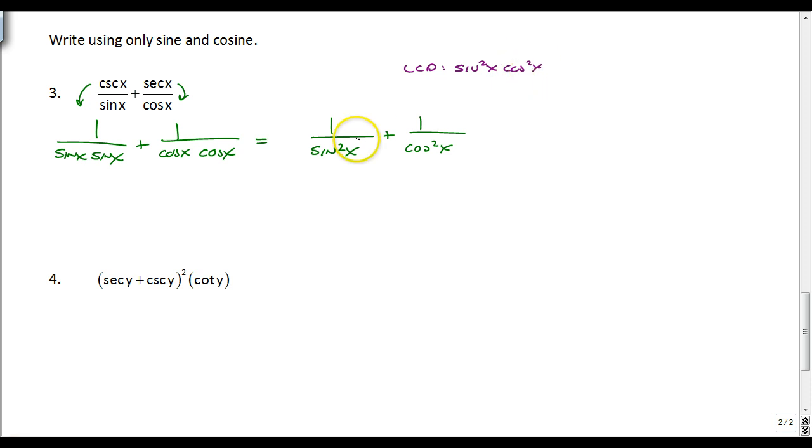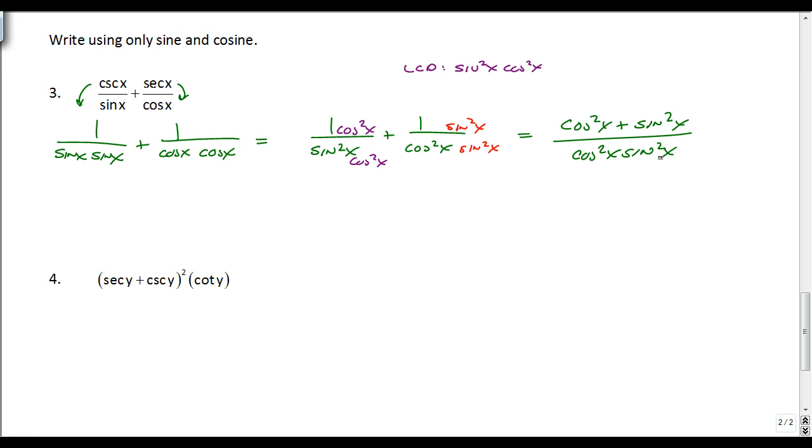So this side needs a cosine squared x, and this side needs a sine squared x. Now you have your common denominator, so the top is going to be cosine squared x plus sine squared x all over cosine squared x times sine squared x.